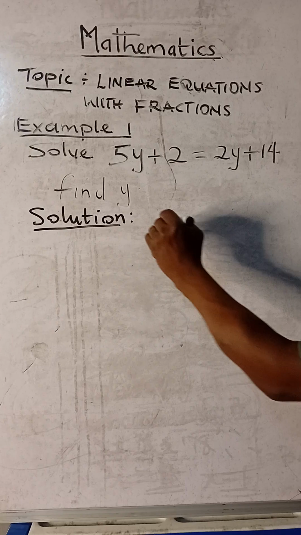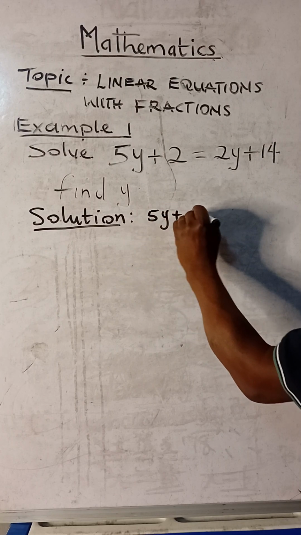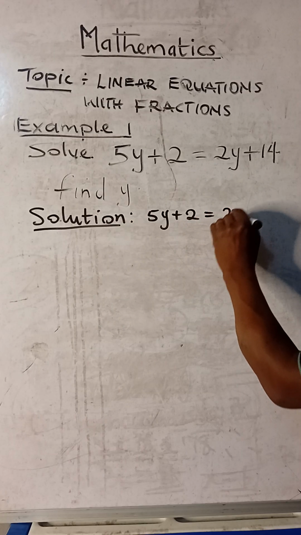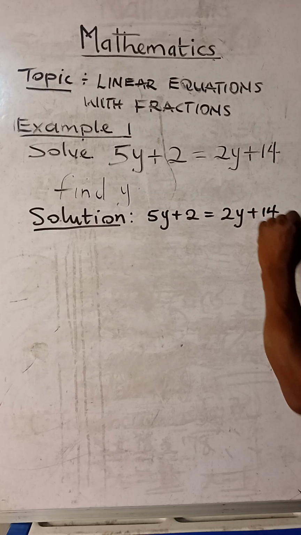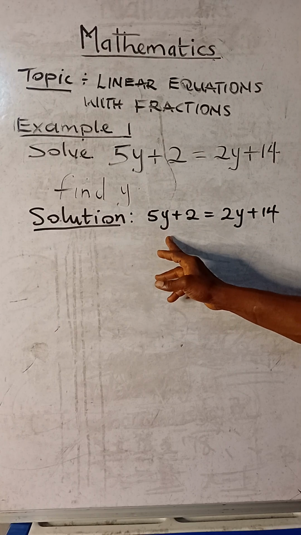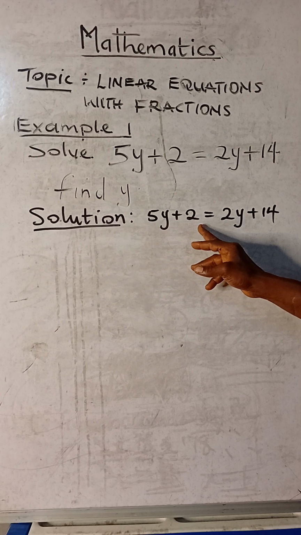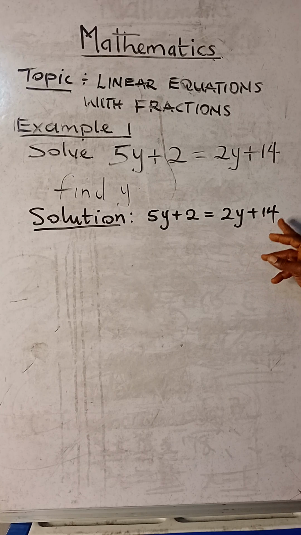Now we have 5y plus 2 equals 2y plus 14. Now you will observe that on this side of the equation, you have the value y and you have a number 2. On this side of the equation, you have the value y and you have the number 14.